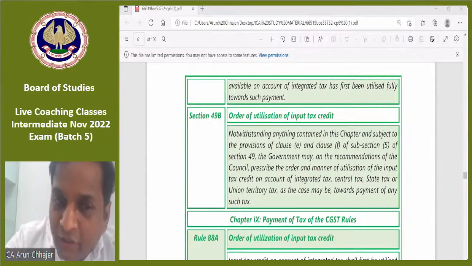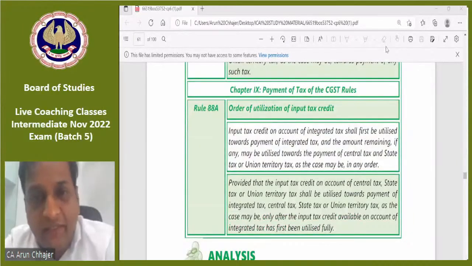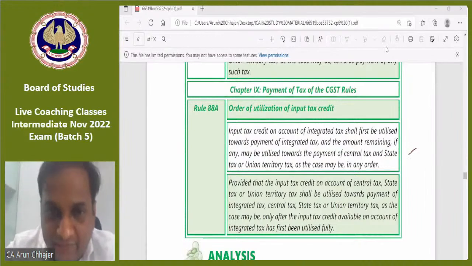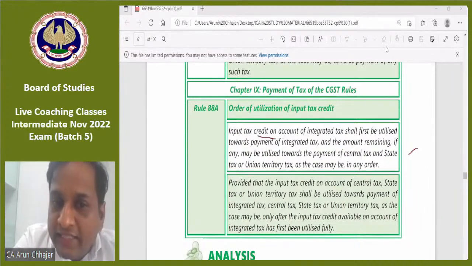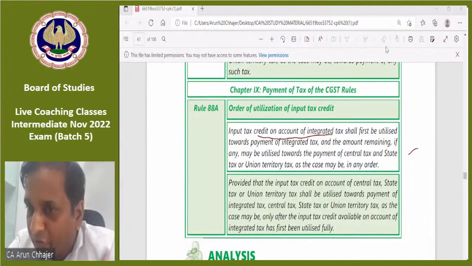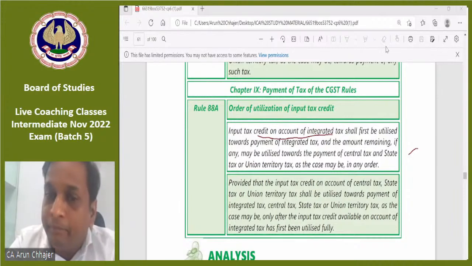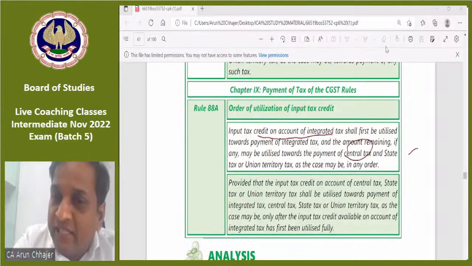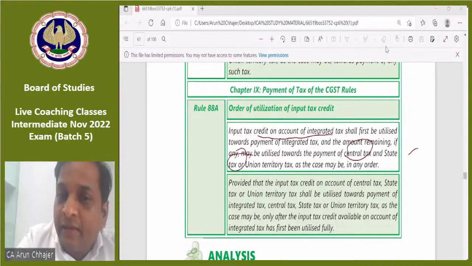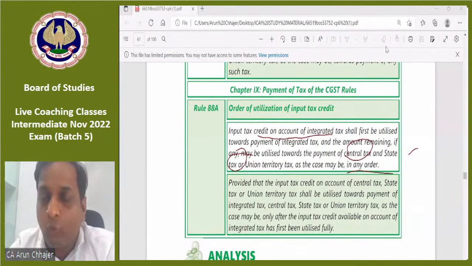For prescribing the order, they have issued Rule 88A. Now let's read. ITC on account of IGST shall be first utilized toward the payment of IGST, and the remaining amount, if any, may be used toward the payment of CGST and SGST in any order, any manner, whatever they want.